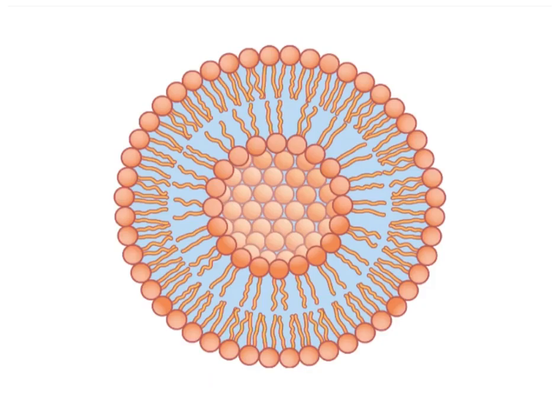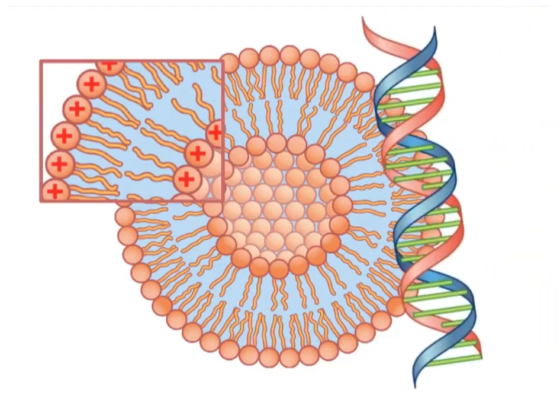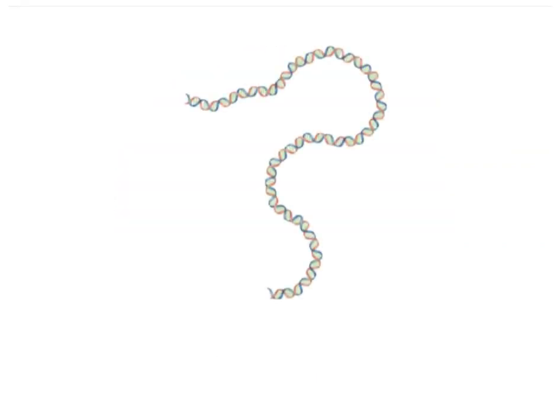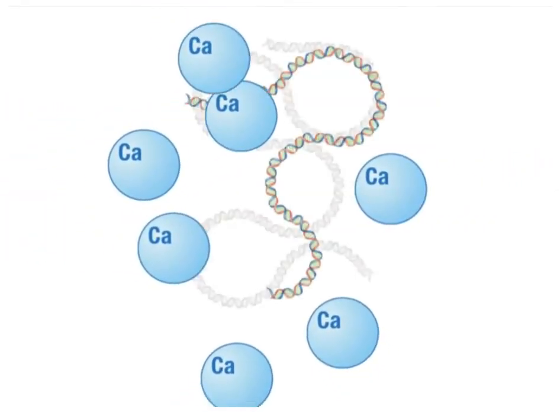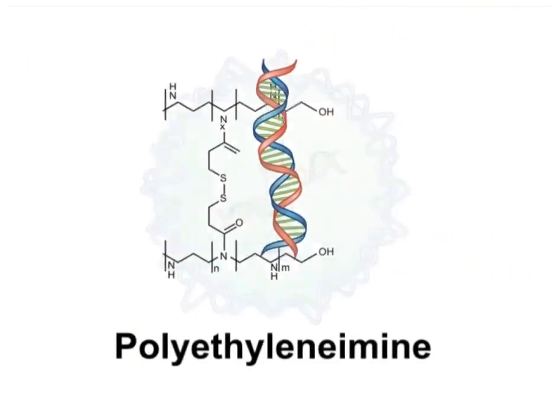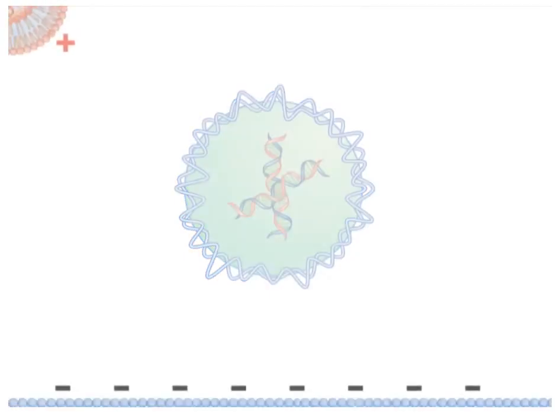In lipid transfection, cationic lipids form a liposome, which then combines with nucleic acids to form a transfection complex, whereas calcium phosphate simply condenses the DNA and gives it a net positive charge. Additionally, cationic polymers such as polyethylenimine condense the DNA into positively charged particles.